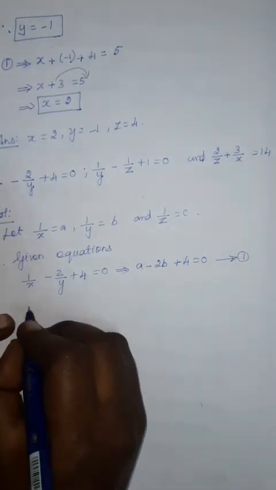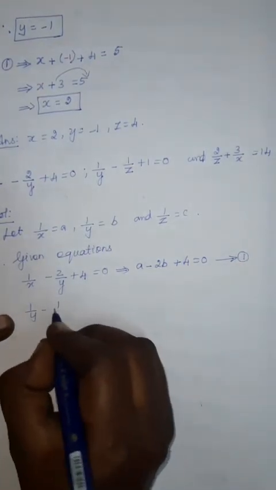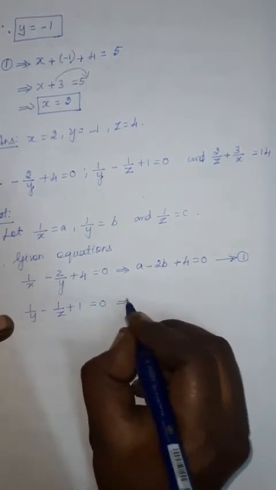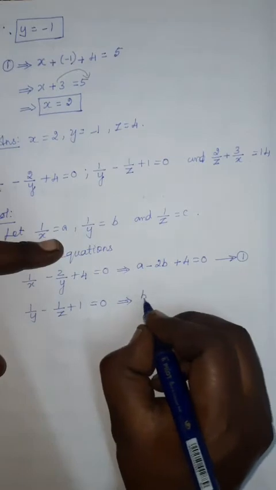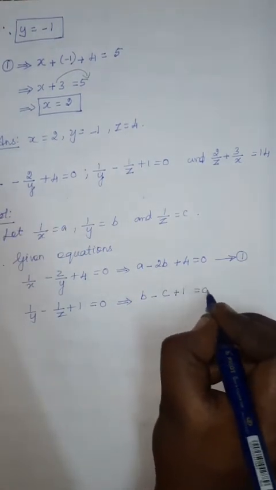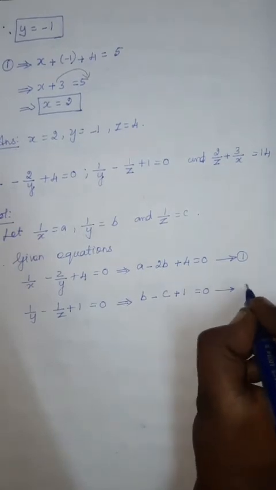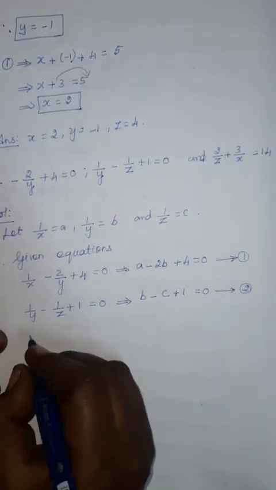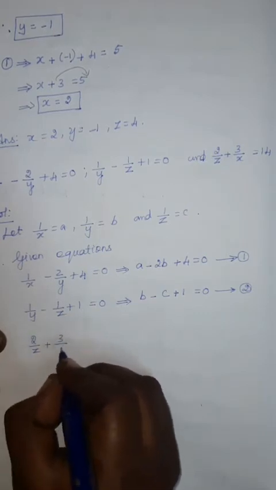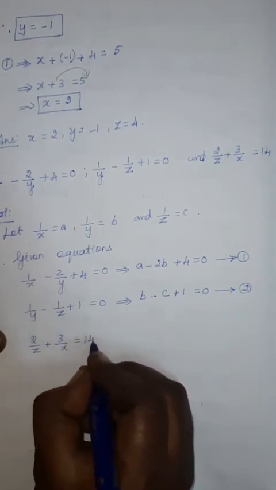Then the second equation, 1 by y minus 1 by z plus 1 equal to 0. How to change? 1 by y is b, minus 1 by z is c, plus 1 equal to 0. This is the second equation. Then the third given equation is 2 by z plus 3 by x equal to 14.